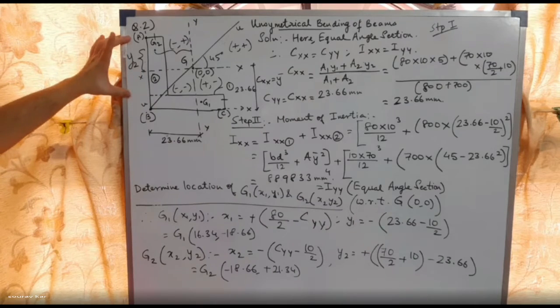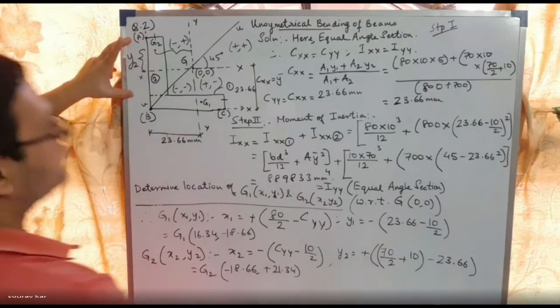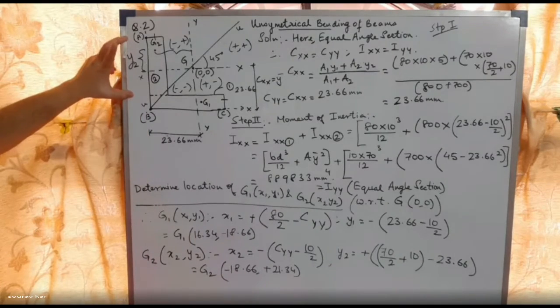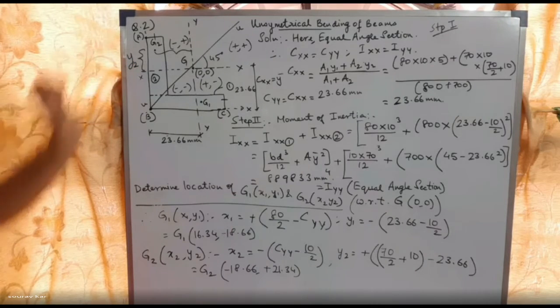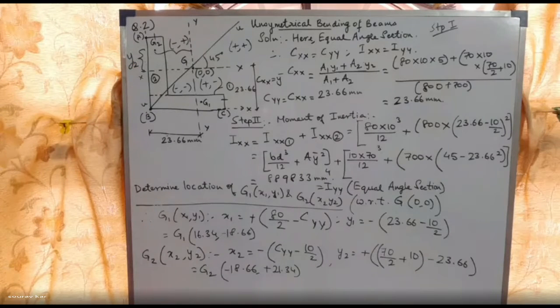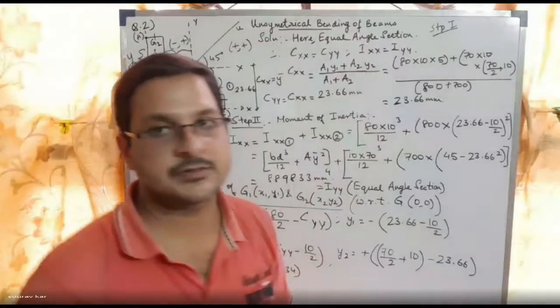So 70/2 because it is CG for this rectangular body, 35 plus 10 minus this distance, then we can find out y2. So 21.34, minus 18.66 and 21.3.